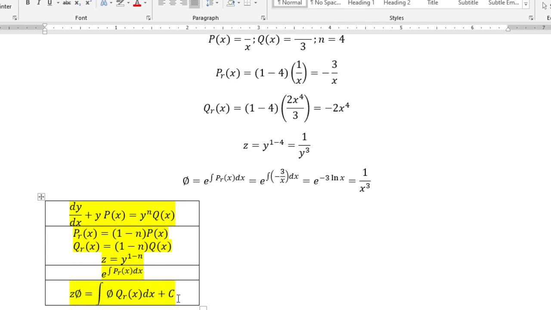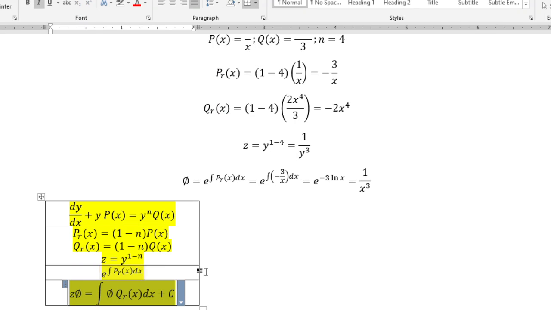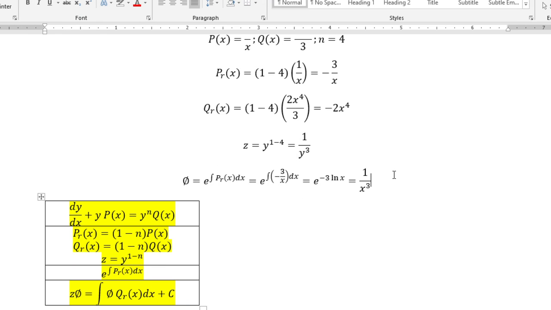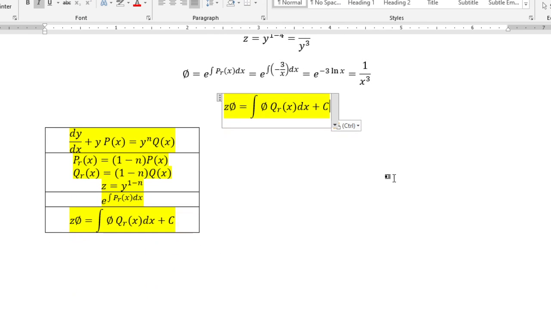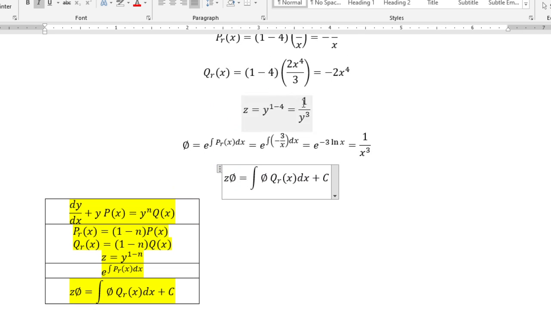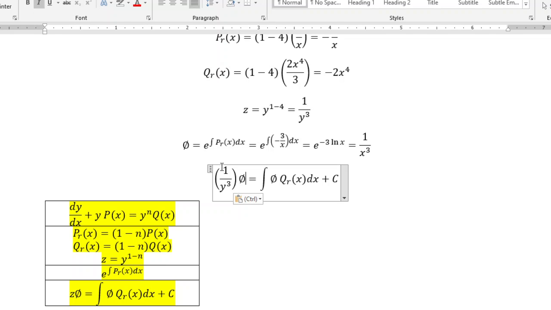And then, kailangan natin ng formulang ito, j times p. Tama. So, ang j natin will be 1 over y cubed. Substitute natin dito. And then, ang p natin, 1 over x cubed.